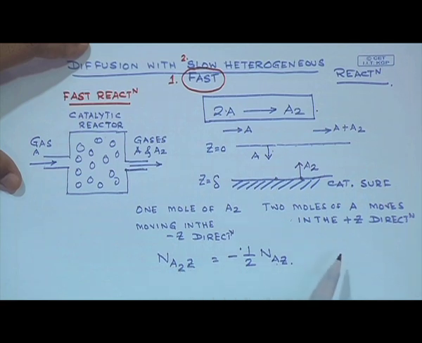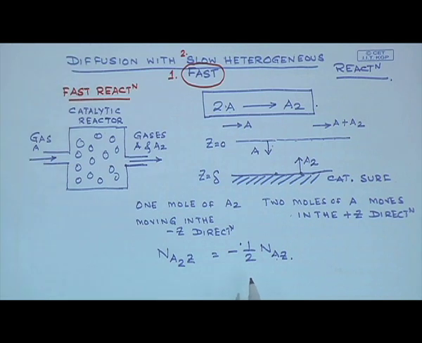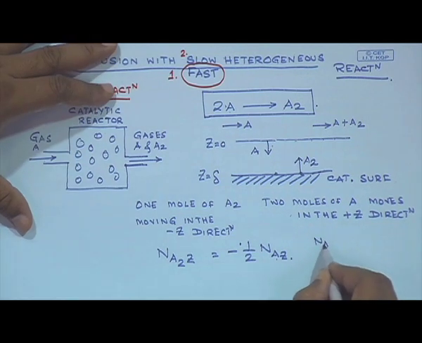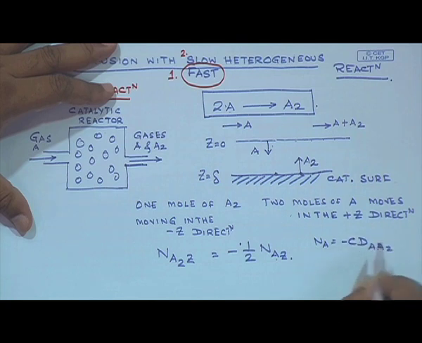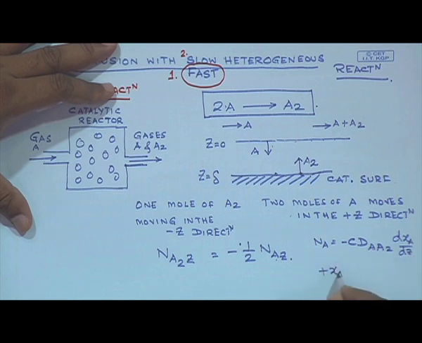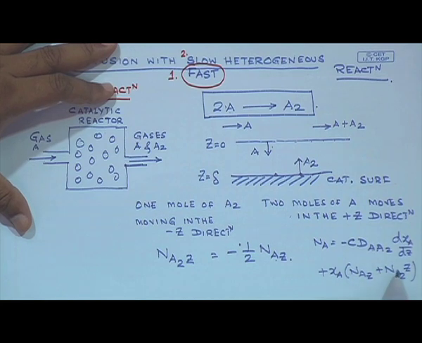minus half of N_A,z. And starting with the formula that N_A is equal to minus C D_AA2, this is the diffusion coefficient of A in A2, times dX_A/dz plus X_A times (N_A,z plus N_A2,z). So, this is Fick's law, and here we know the relation between N_A,z and N_A2,z.